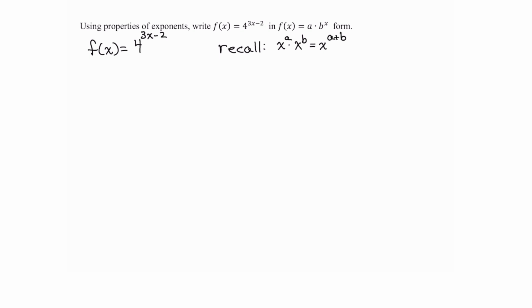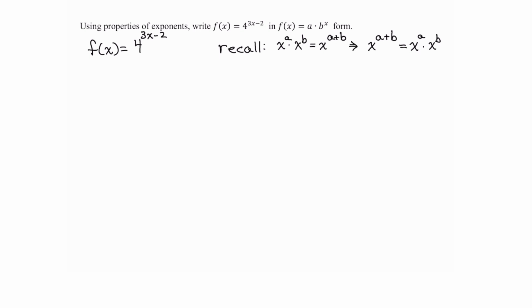And many times in simplification, that's the way we wanted to use that rule. Well, here we want to use it where if we look at an expression that has a base to an exponent that is two separate terms, then that means I can write it as a product of two exponential expressions that have the same base.